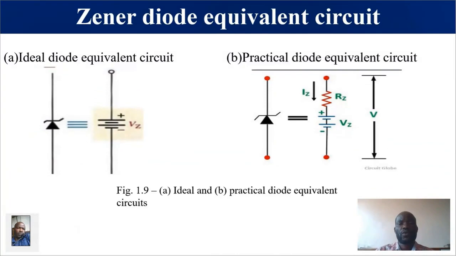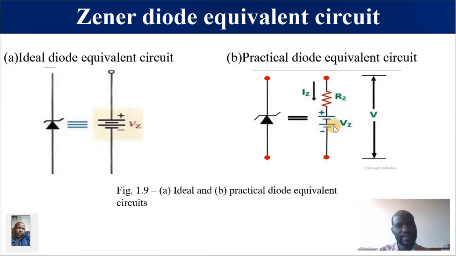A comparison of the ideal diode equivalent circuit as well as a practical diode equivalent circuit. Please take note that we have included the Zener resistance RZ. So this is a practical equivalent circuit of a Zener diode.